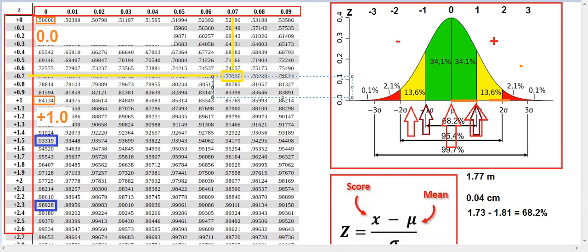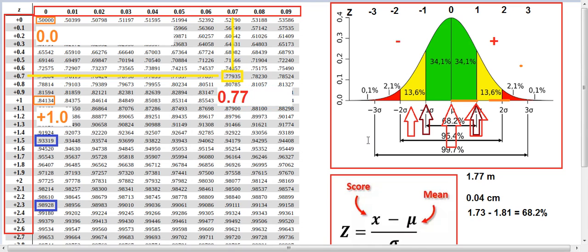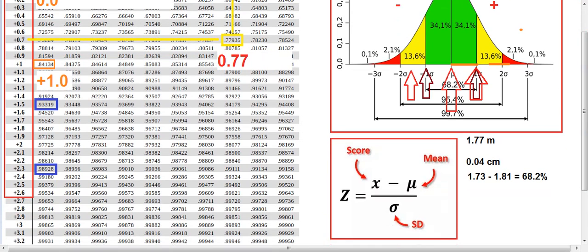This is going to be plus 0.7. I will not write down plus, but you know that it is positive, 0.7. And the second decimal place, 7 again. 0.77. That's the way we read using the z-score table.